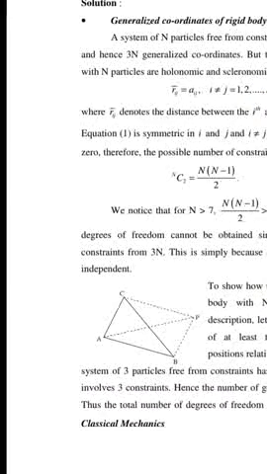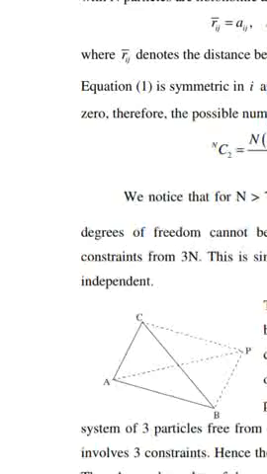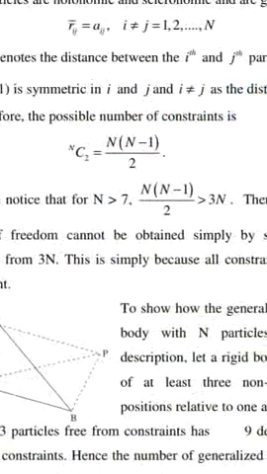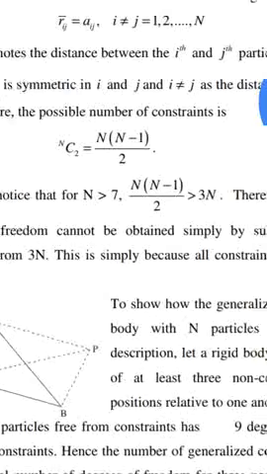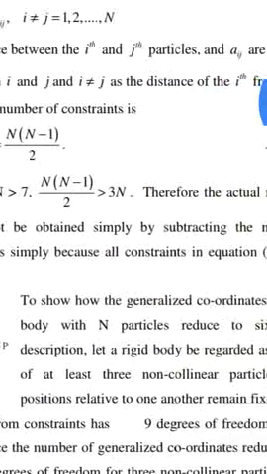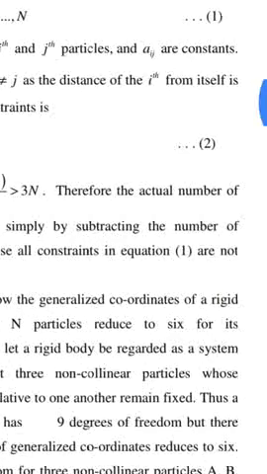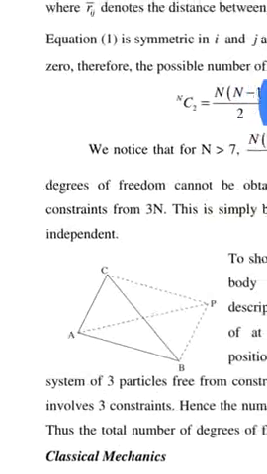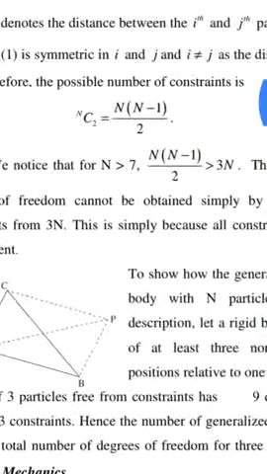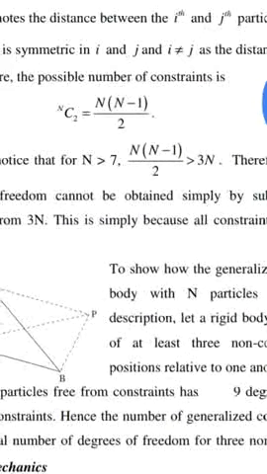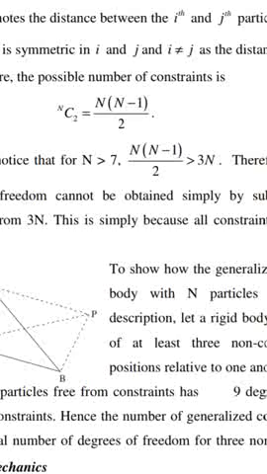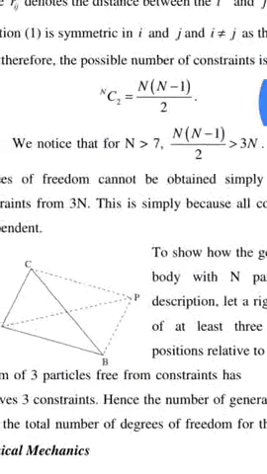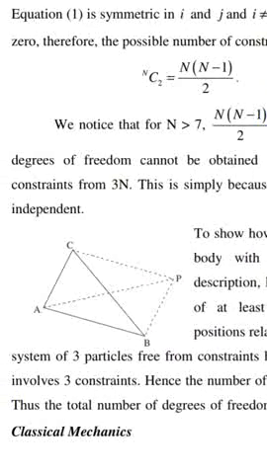Equation 1 is symmetric in i and j, and i is not equal to j, as the distance of the ith from itself is 0. Therefore, the possible number of constraints is nC2 = n(n-1)/2.